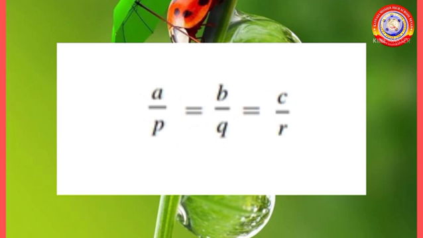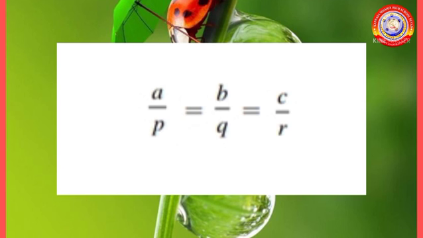Here, A by P is a number which shows what multiple of the length P is the length A, and B by Q shows what multiple of the length Q is the length B, and C by R shows what multiple of the length R is the length C.